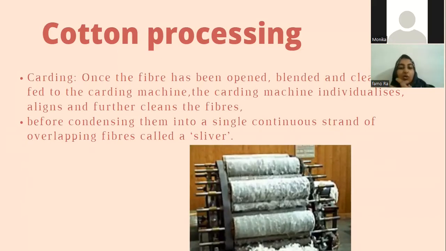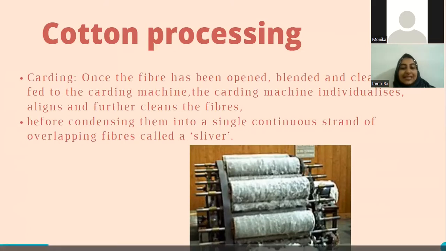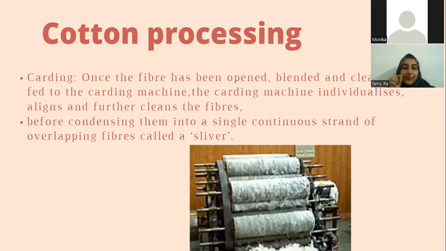Now the carding machine produces single continuous strands of overlapping fiber. So you need a single thread-like structure. That is called the sliver. So sliver is formed when the lint or all the fibers are fed into the carding machine.